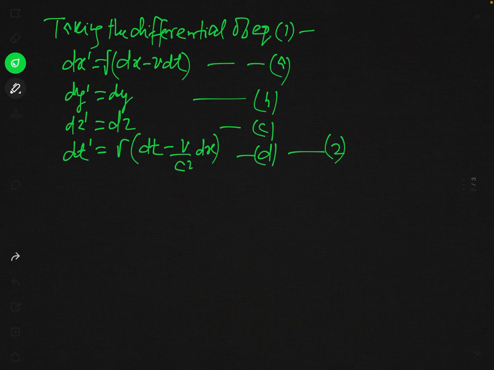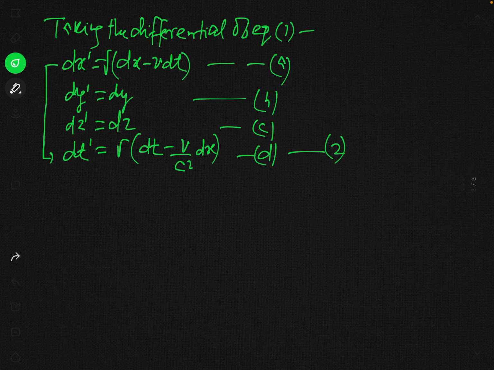Now our aim is to find the values of u prime x, u prime y and u prime z. For this, we will simply divide this dx prime by this dt prime, and then we will get u prime x.